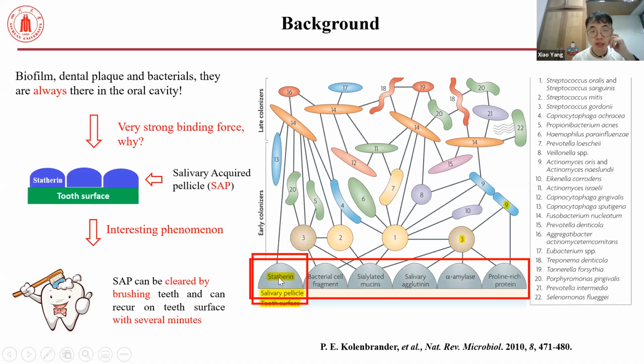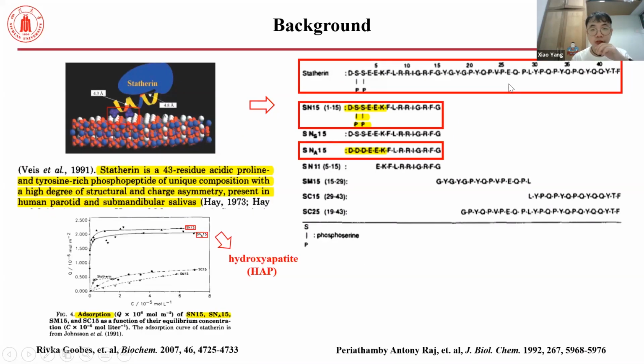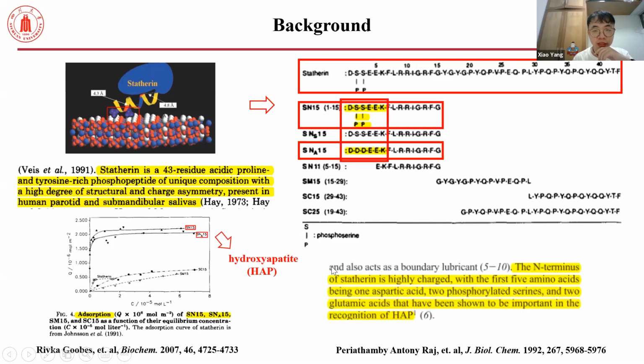We call it a reason because it's the main compound of the SAP. We searched the articles and found these proteins. It has 46 peptides, and in some papers we can see the first 50 peptides and SN50s have the ability to absorb to the hydroxyapatite surface.